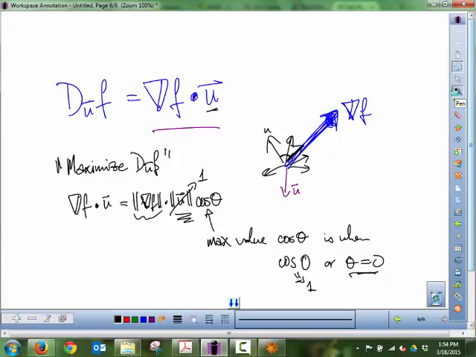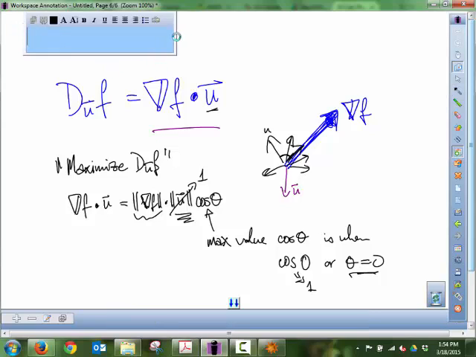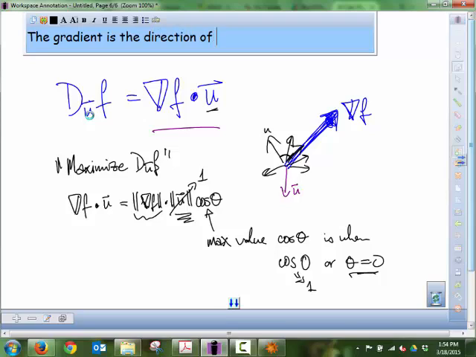So in not so many words, what we've just shown is that the gradient is the direction of maximum increase. That's the second important fact about the gradient. 1, it's perpendicular to the level curve. 2, it's the direction of maximum increase.